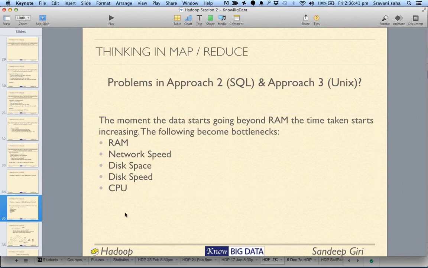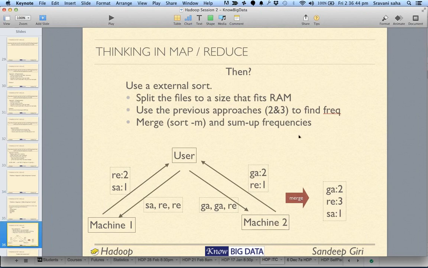Good. Now what? We faced a problem with the various kinds of things such as copying the data. The disk will take a lot of time, and one machine may not be sufficient to give you the results immediately, right? So what do you do in this case? As in the beginning, somebody was suggesting, I forgot the name, that we could use the same approach but multiple.